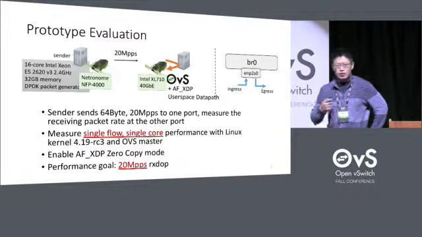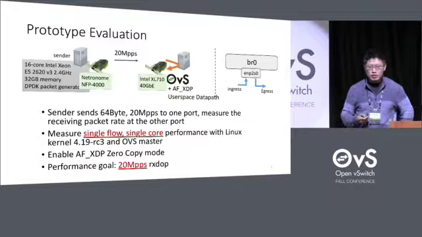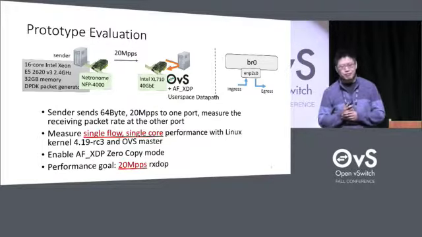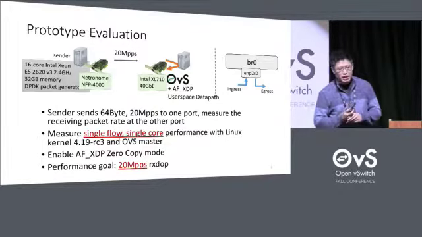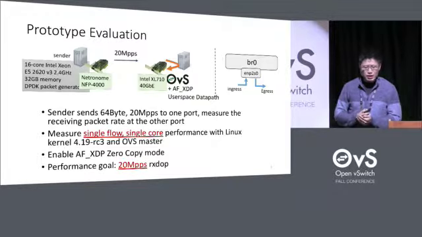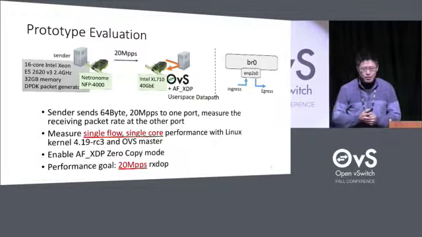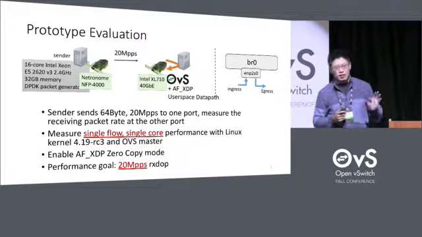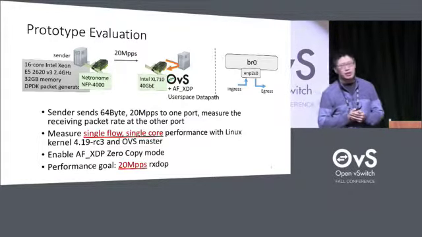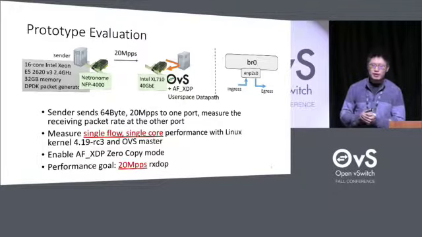So we started to do the performance prototype evaluation. On the left-hand side, we have a sender. The sender is using a Netronome NFP4000 to send 20 million packets per second to the server on the right-hand side.